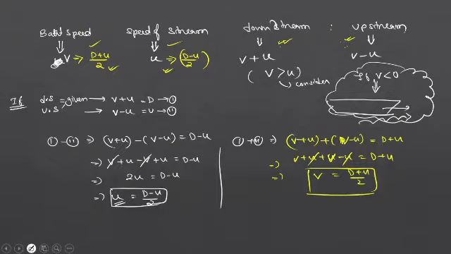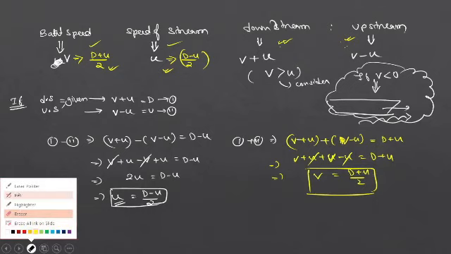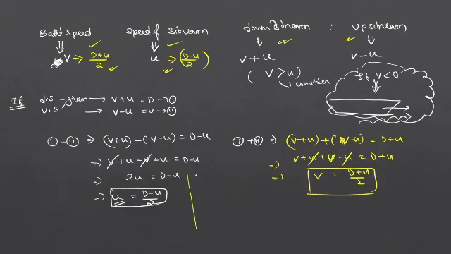Okay, I erase some portions. In this portion I write the ratio. I write v as speed of boat and u as speed of stream, then we have to find downstream and upstream.